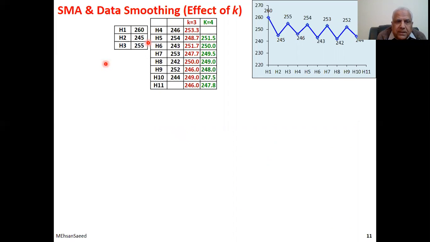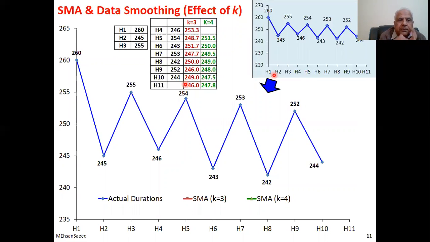Because of space constraints, this was supposed to be on top, and I've just taken it to one side to conserve some space. And what I'm going to do next is blow up this chart. In fact, I'm going to exaggerate it, stretch it vertically. And this is what this graph will look like. It is the same graph, 260, 245, 255.